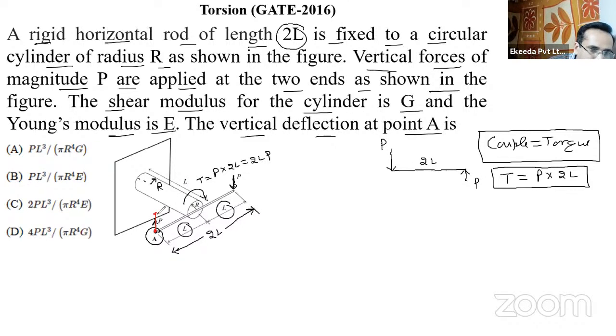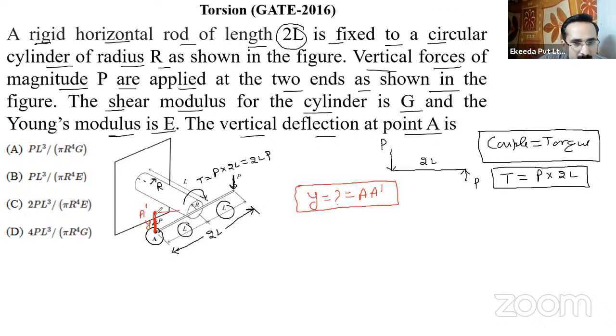Suppose this point A moves from here to here, A dash. So we have to find out this vertical deflection. Say this deflection is Y. So we have to find out this Y, which is AA dash in this case, right?